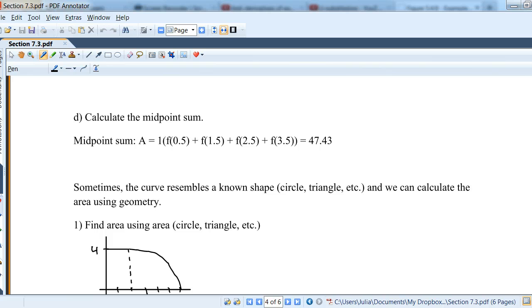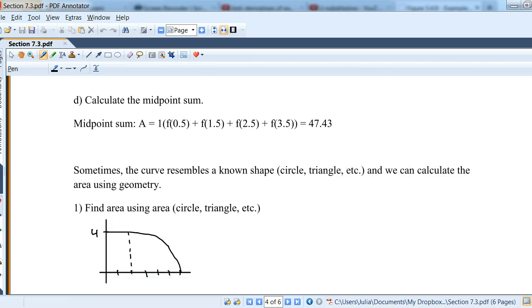The rest of the section, which I'll try to show you guys, is about the area under the curve. We'll continue with this next time. In the next section, we'll use the actual integral idea. But in this case, what if the shape is of a known geometrical form like a circle, triangle, etc.? We can find area using geometry.